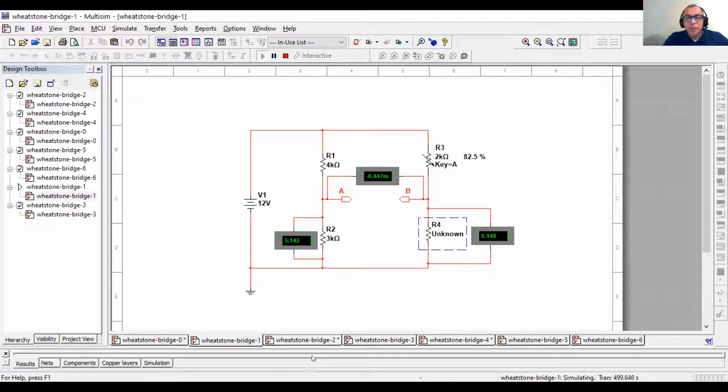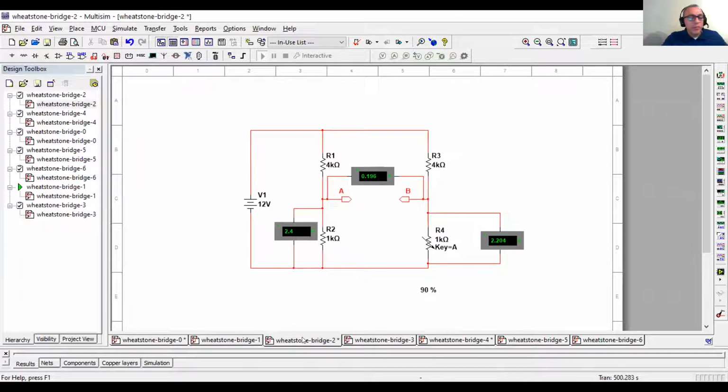So some other examples, we can also use a Wheatstone bridge if we have an input here that could be a thermistor for temperature, a photoresistor for light, or a strain gauge. If you want to learn more about strain gauges, you can go look those up.